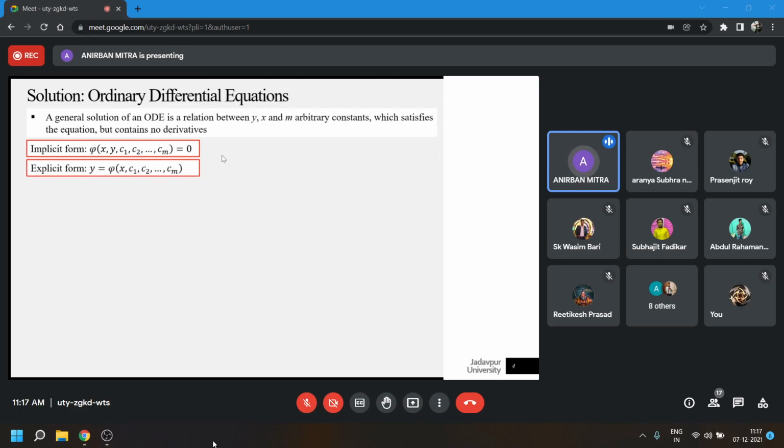And in the explicit form, y is expressed as a function of x and the different constants, the m arbitrary constants. And these solutions are usually obtained within a given range, where x varies from x0 to xf, where x0 is the initial one and xf is the final value.